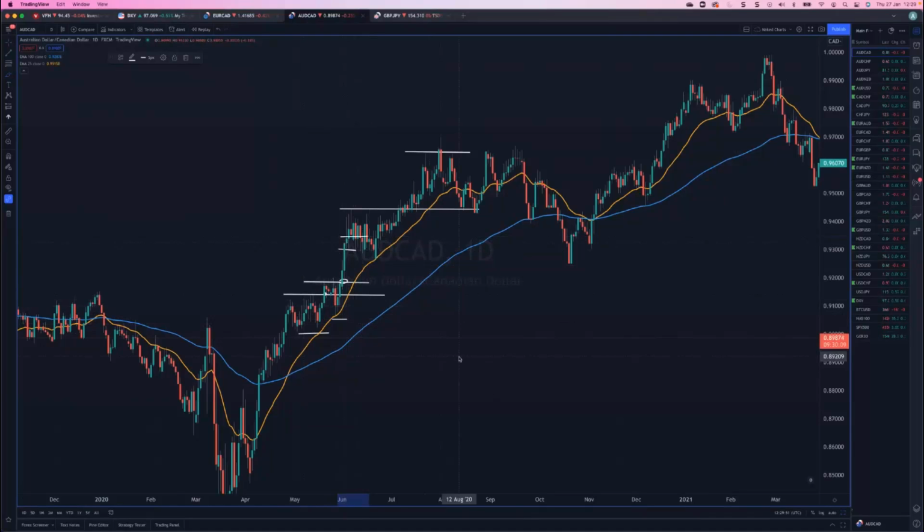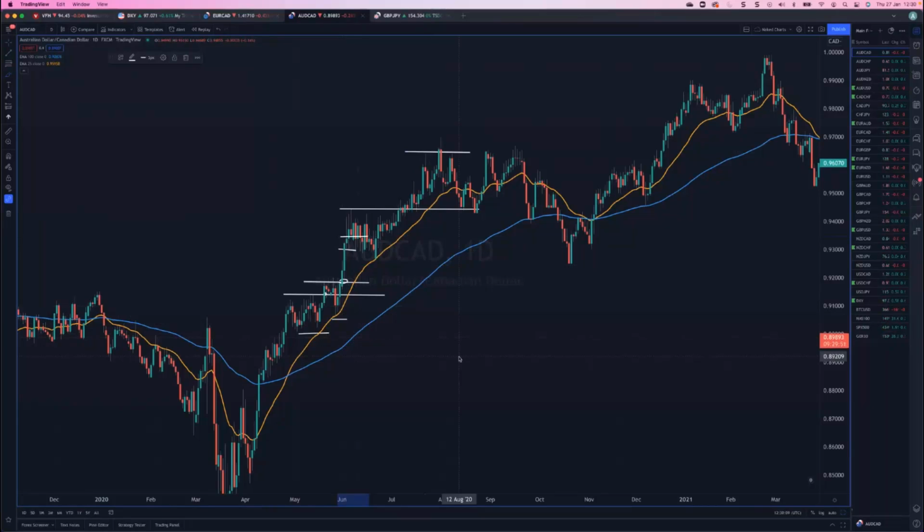Now what you do in that situation, if you've got a reward to risk ratio of one-to-one, as in if you risk 100, you make 100, then all you have to focus on is being right 51% of the time. And you'll break even, make a little bit of money.